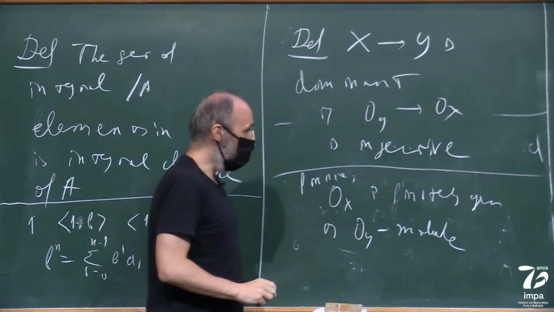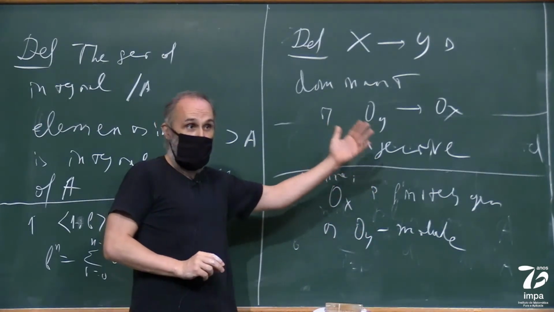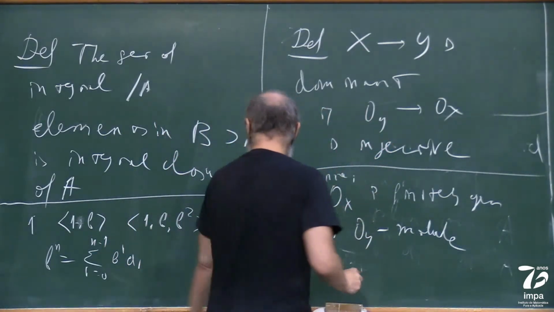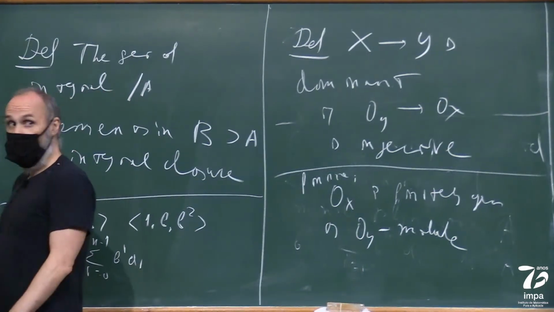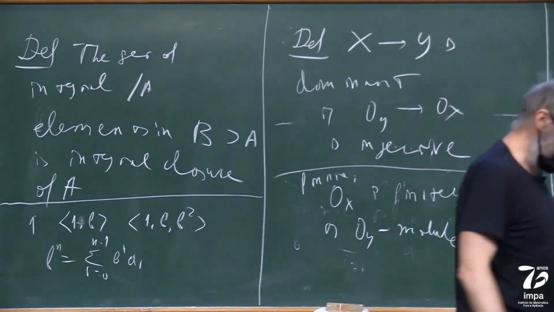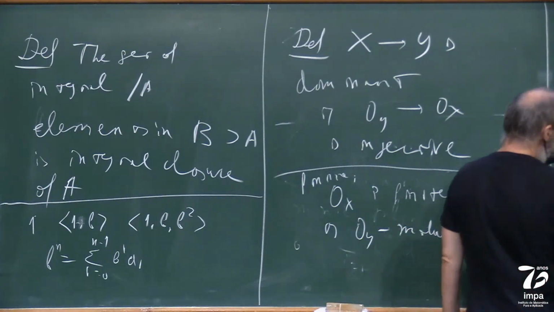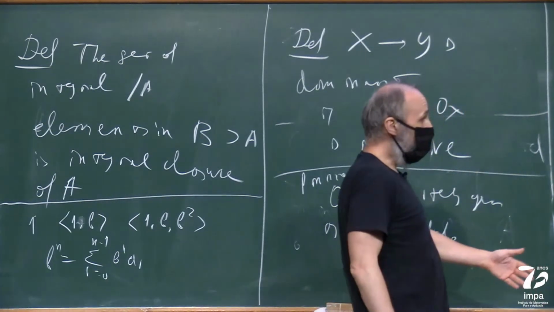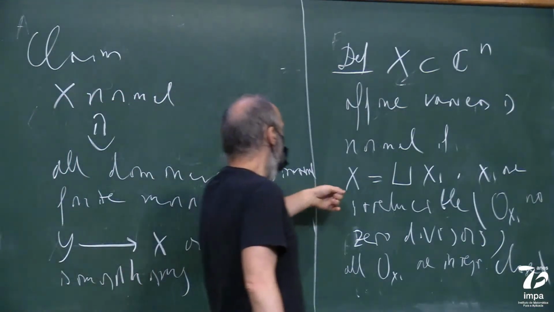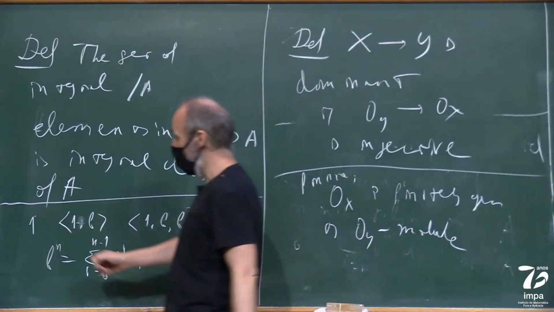So you have a subring inside the fraction field which is finitely generated as an O of Y module. It should be equal to O of Y because of the definition of integrally closed. Everything which is finitely generated and sits inside the fraction field is equal to O of Y if O of Y is integrally closed. So this geometric characterization is equivalent to this more algebraic characterization, and to this characterization which is entirely algebraic.